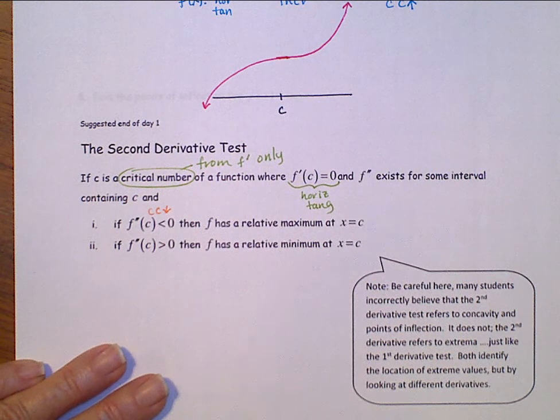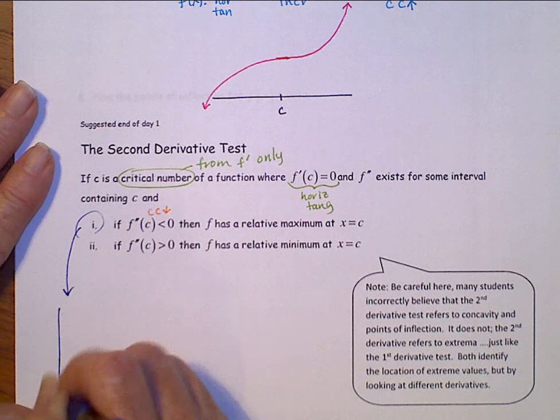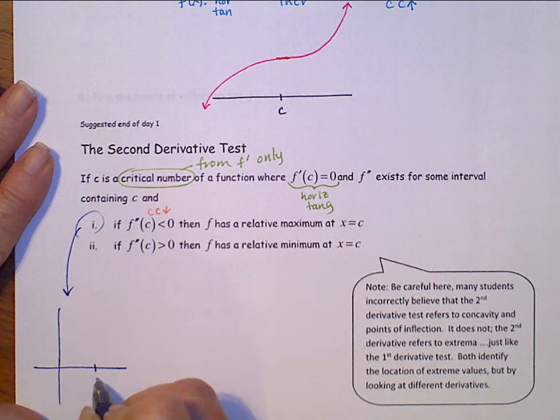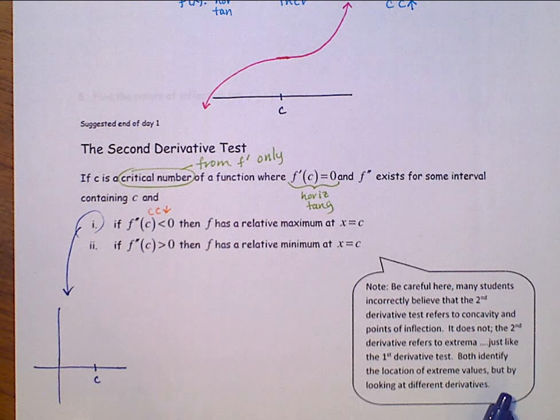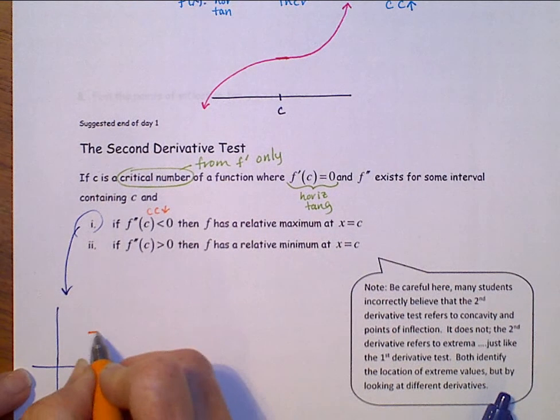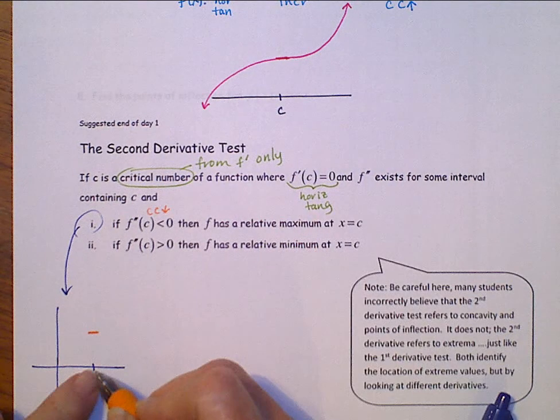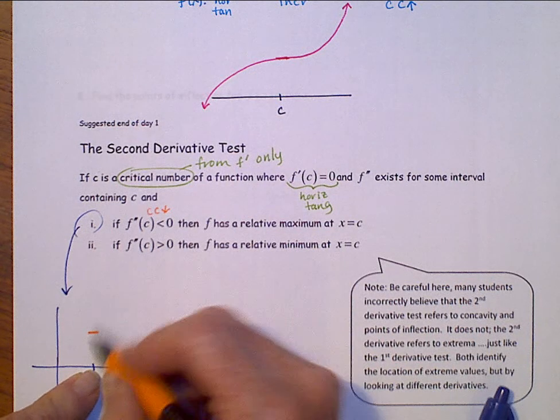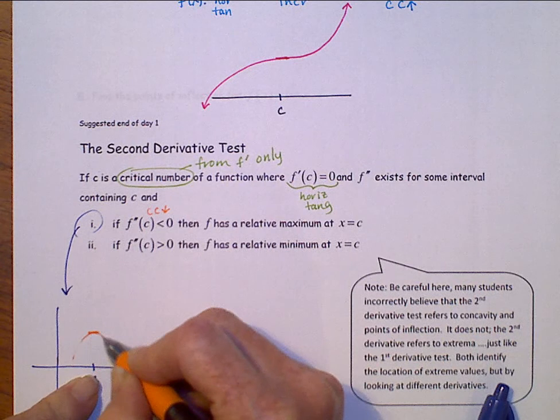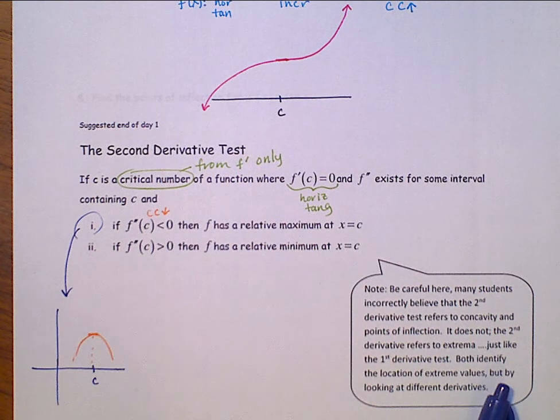So when we sketch a graph of this one, it's going to look like some spot C with a horizontal tangent from that critical number, and at C the graph is concave down, well, then that point C has to be a relative maximum.